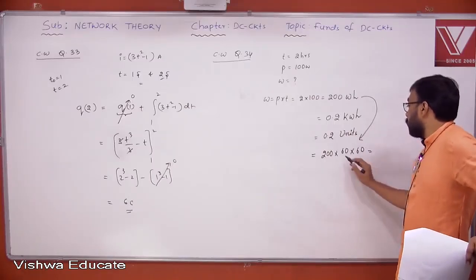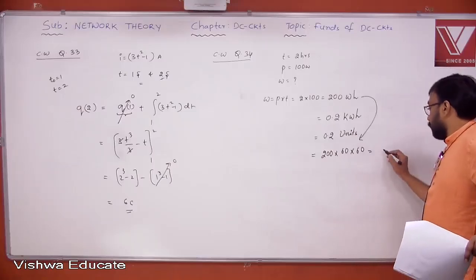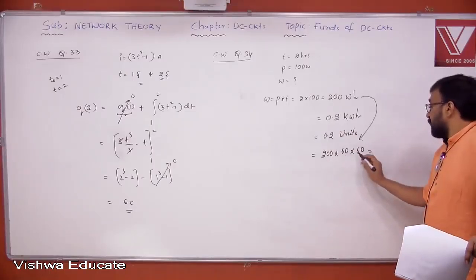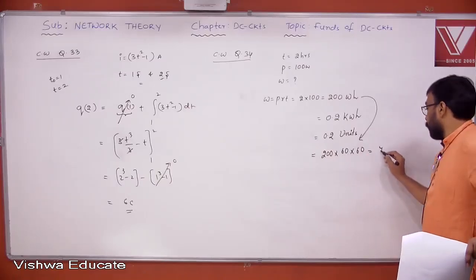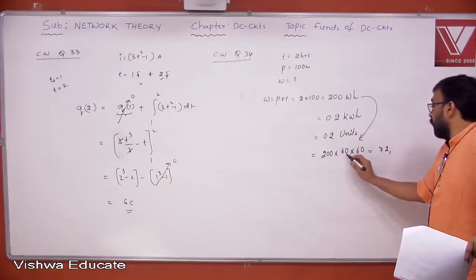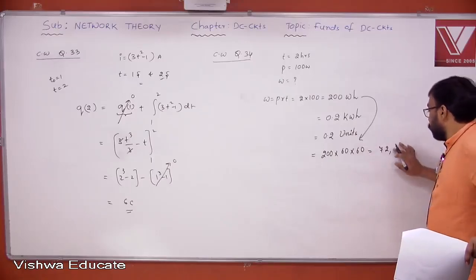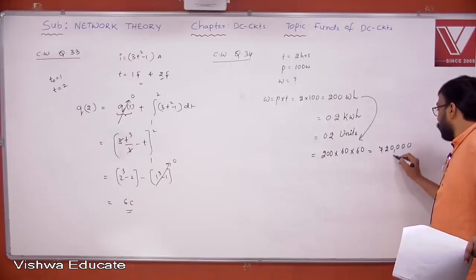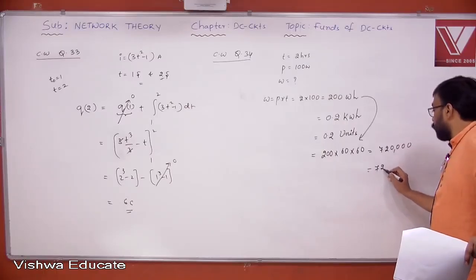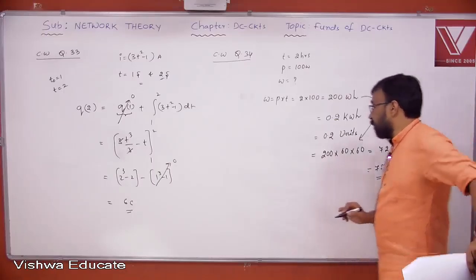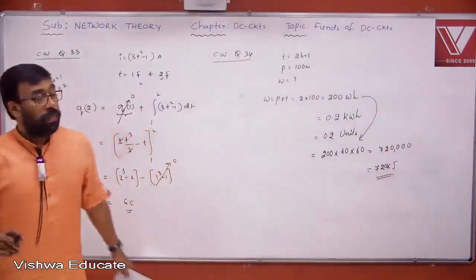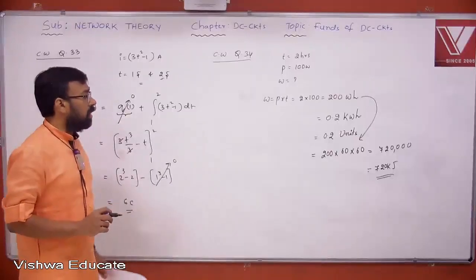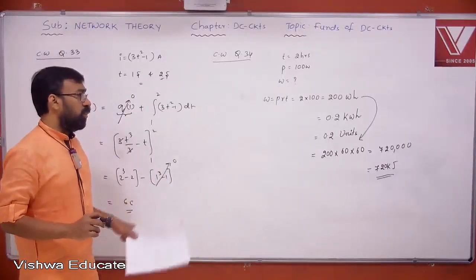Therefore, what do you get here? 12 6 ja, 2 6 ja, 12 6 ja, 72, so 720 kilojoule. You can express the same thing either in kilojoules or joules or units or kilowatt hour or watt hour.